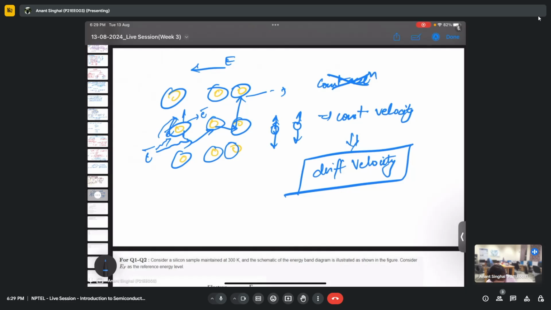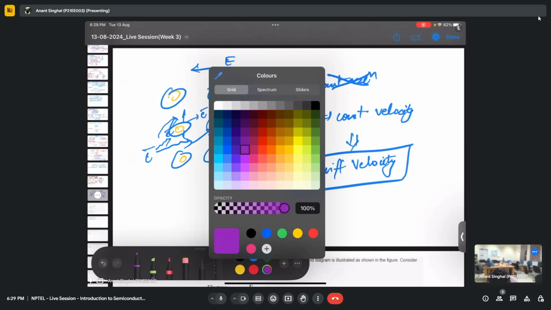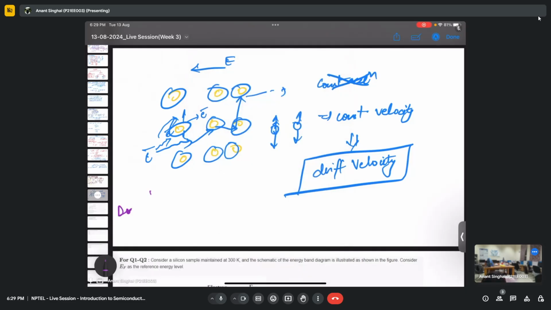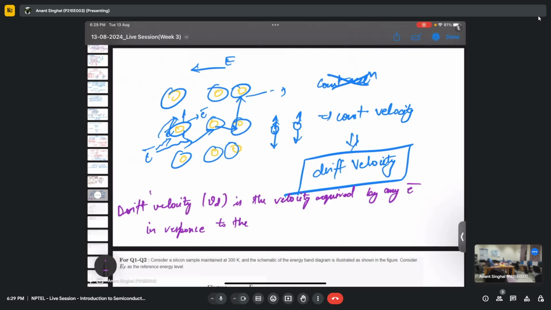If I quickly define drift velocity physically, drift velocity, which is denoted by Vd, is the velocity acquired by any electron in response to the electric field. So Vd is directly proportional to the electric field.